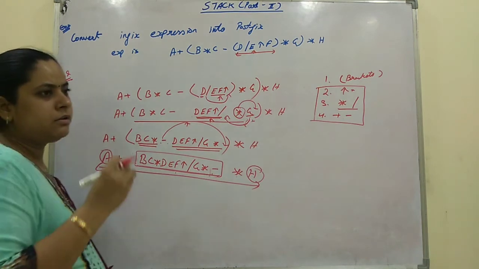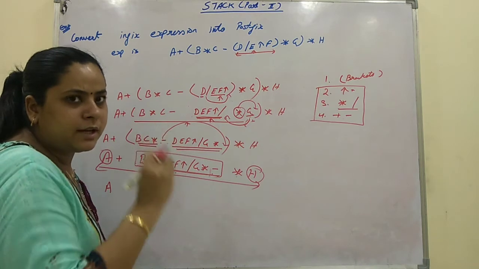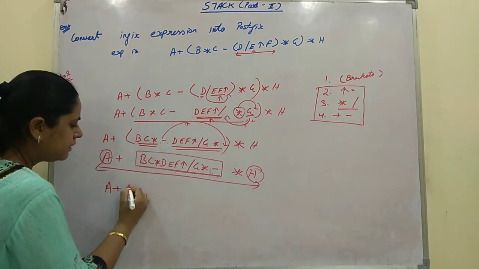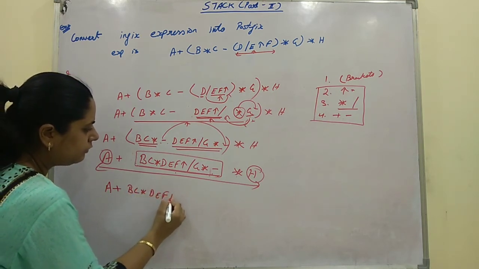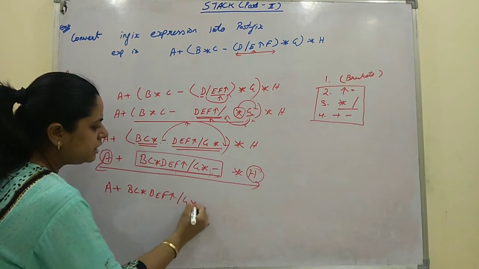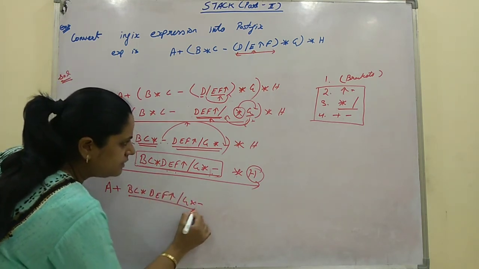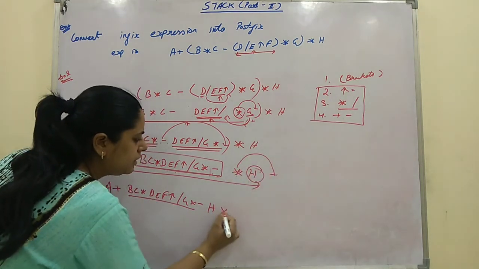So, as I told you, reading from left to right, we will first evaluate the operator of higher precedence. So plus BC asterisk D E F exponent slash G asterisk minus. We will write this operand as it is, then H, and we will shift this operator here.